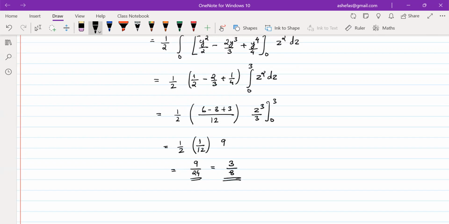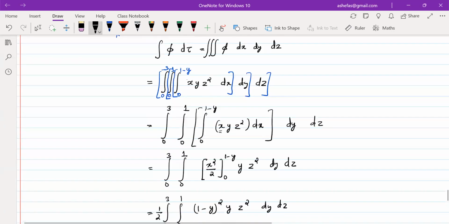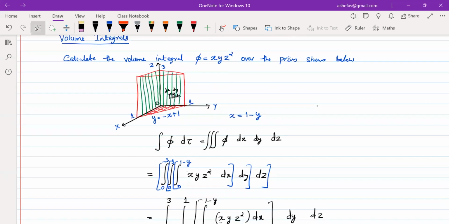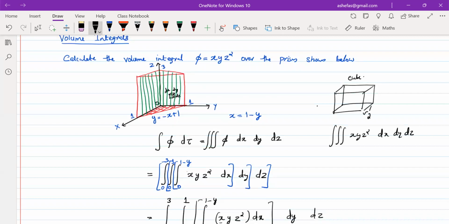Okay, this volume integration is slightly difficult because we have taken a prism shape, but if it is instead a cube, then the integration would be very easy. If you perform the same integration over a cube with side 2, then it will be a triple integration x y z square dx dy dz, and x, y and z all vary from 0 to 2.